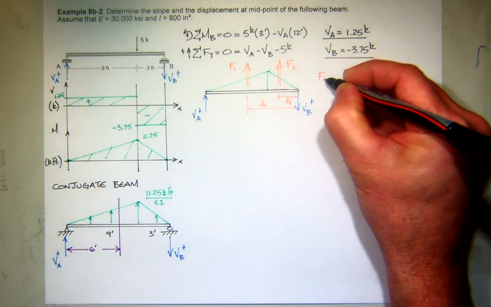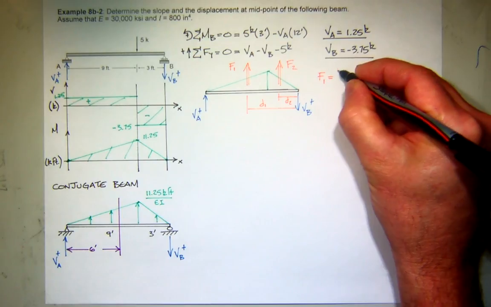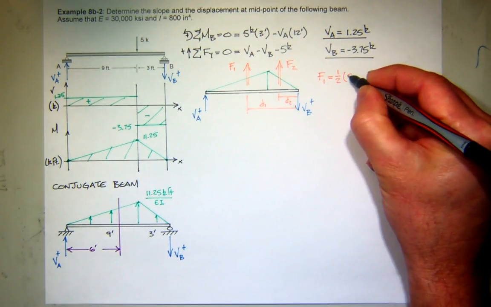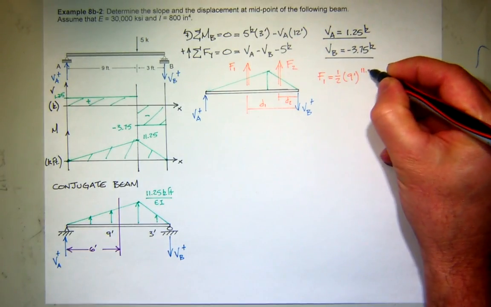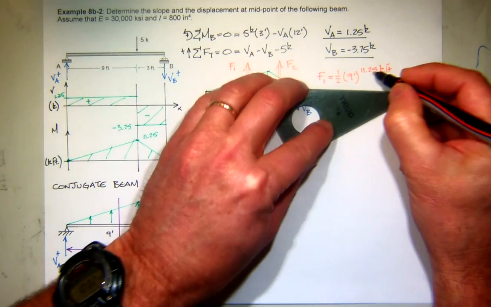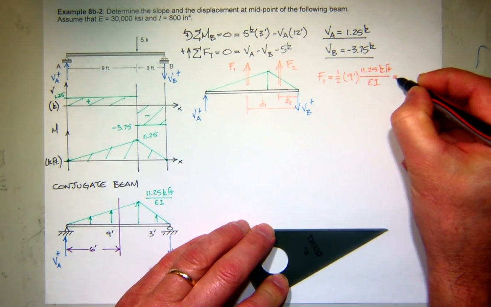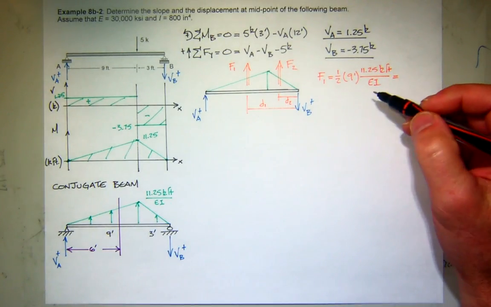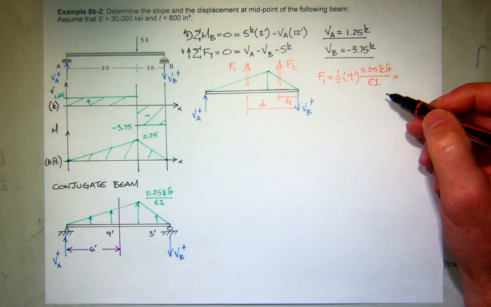So what is F1? What's the area of this part of the triangle? So that's 1/2 the base, which is 9 feet, times the height, which is 11.25 kip feet, divided by EI. So I'm going to need your help for that. My Rain Man mathematics has run out. I can't do this anymore. So what's that?